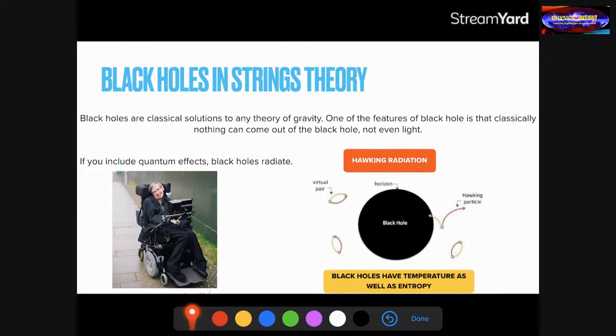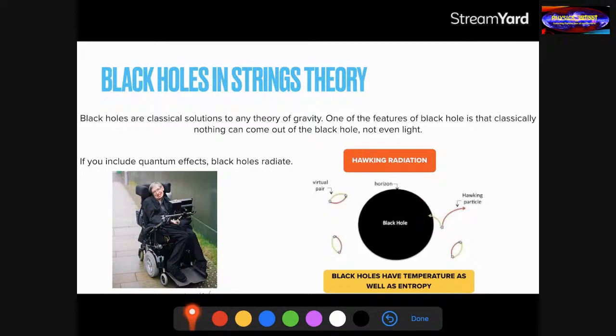If they're far away from the black hole, after some point they get annihilated, and this keeps on happening. But close to the horizon, if a particle and an antiparticle pair gets created, and the antiparticle falls into the black hole and the particle comes out, then they don't annihilate each other, because the antiparticle that has fallen into the black hole cannot come out.